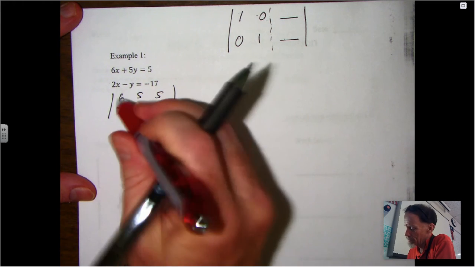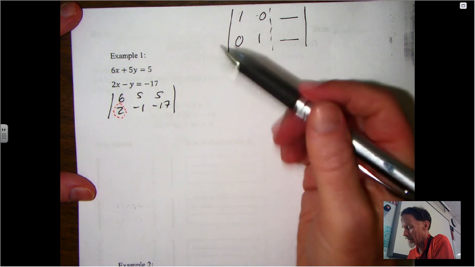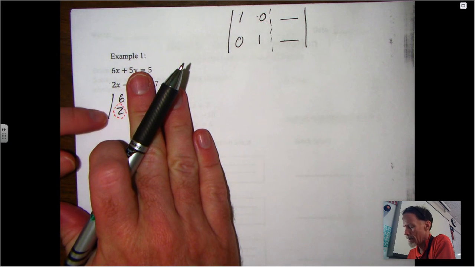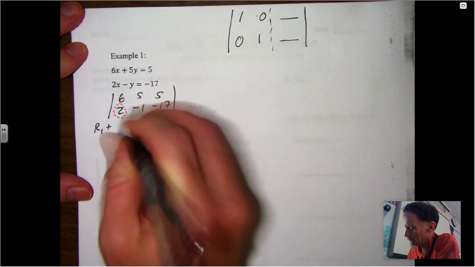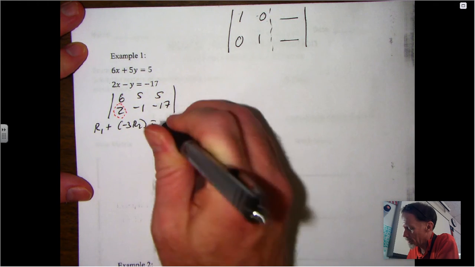The first thing we're going to do is make that 2 into a 0. You think to yourself, how can I get them the same with different signs? I can just multiply that bottom row by -3. In my notation, that's R1 combined with -3 R2, and that'll be my new row 2.